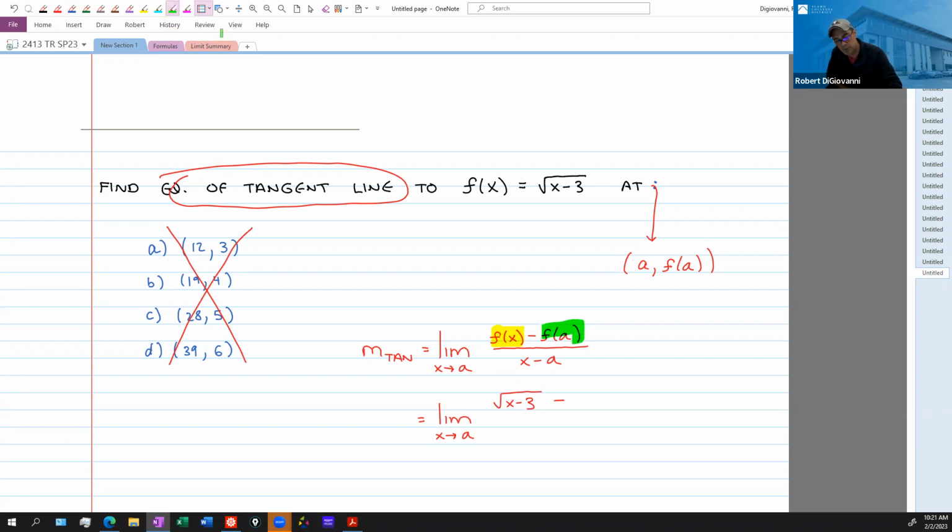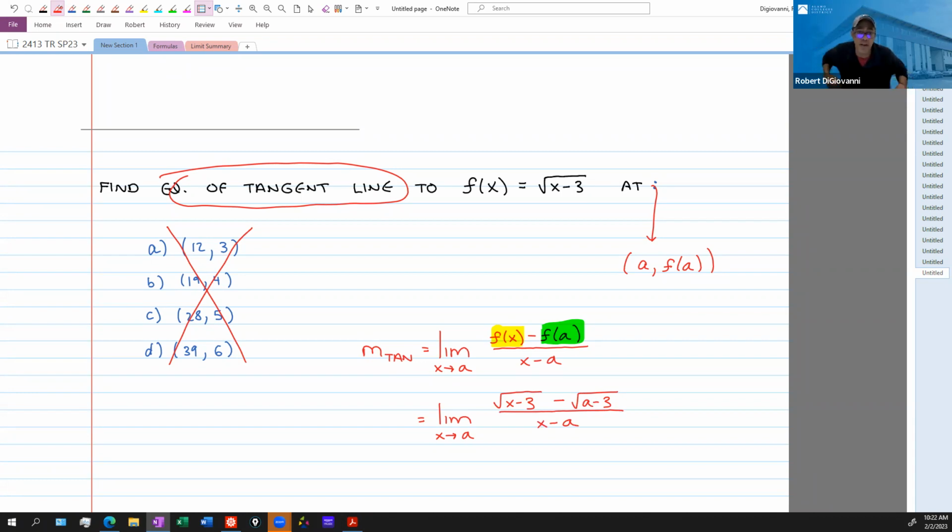What happens when you plug in A into the function? What do you get? It'd be square root of A minus 3? Yep, square root of A minus 3, right? And then all of that is going to be divided by x minus A, right?